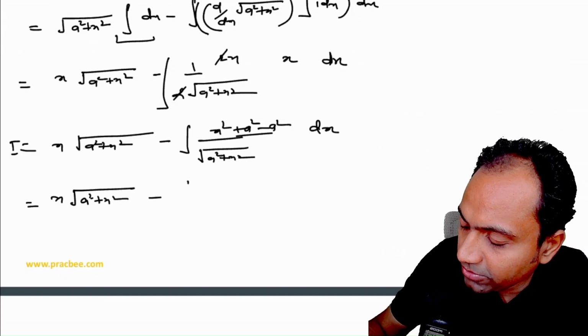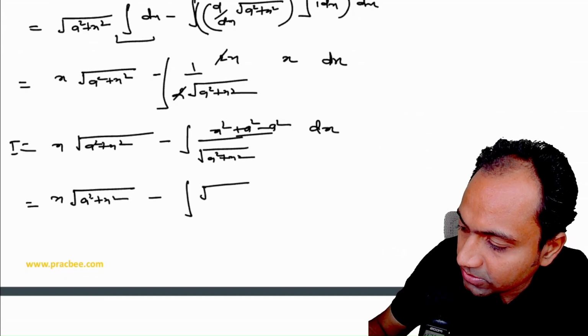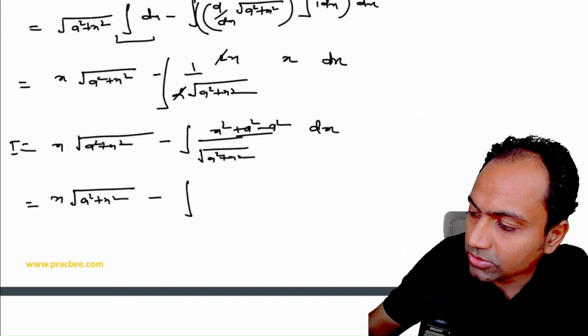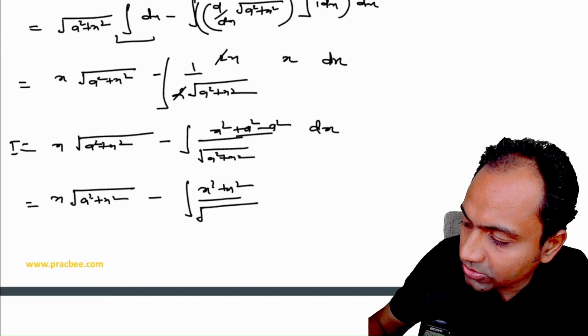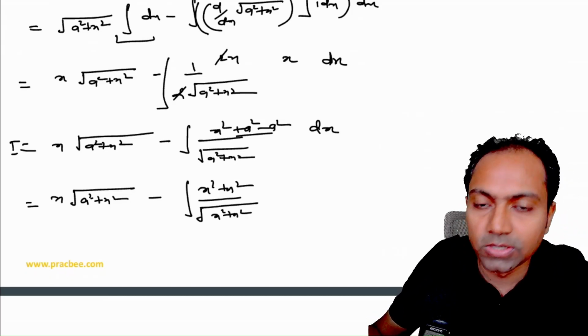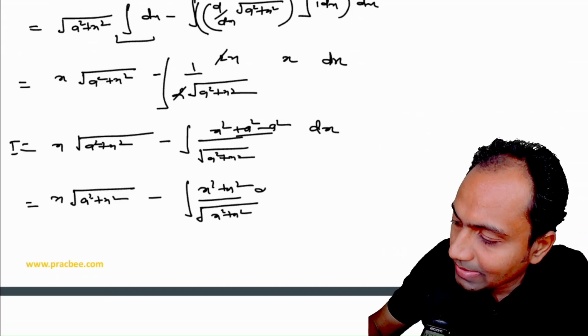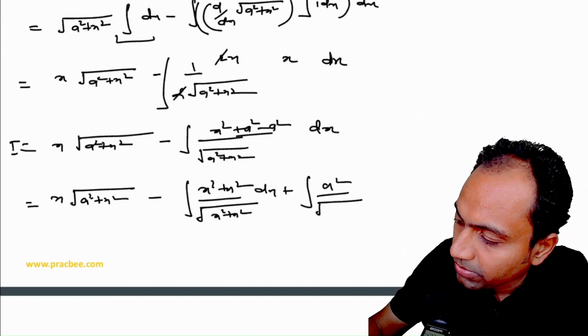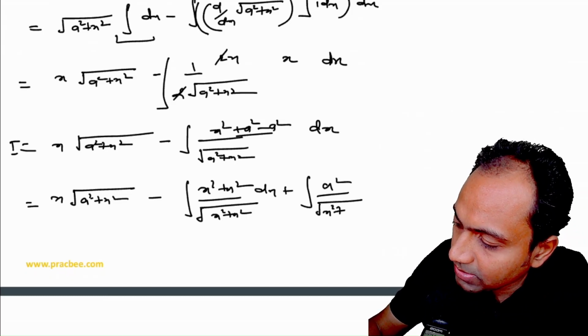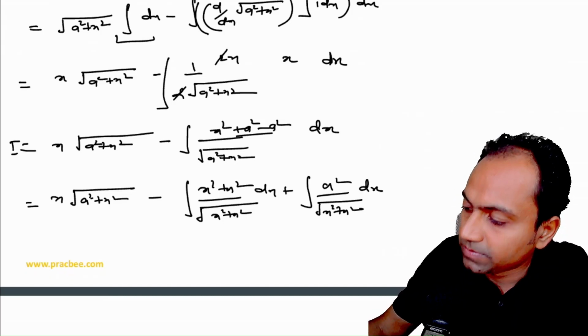If I simplify it further, this becomes x root a square plus x square, and this I can split into two parts. The first part becomes x square plus a square by root of x square plus a square. This is what we are getting. And the second part becomes plus a square by root x square plus a square dx.